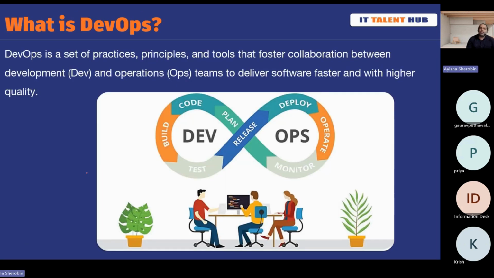And what DevOps is, as I mentioned, is a set of practices, or we can say principles, or a new process that we generally implement with a traditional agile process. This is just to foster collaboration and communication between the dev team and ops team, the developer team and operations team, so that they can work together, save time, help each other and understand each other.